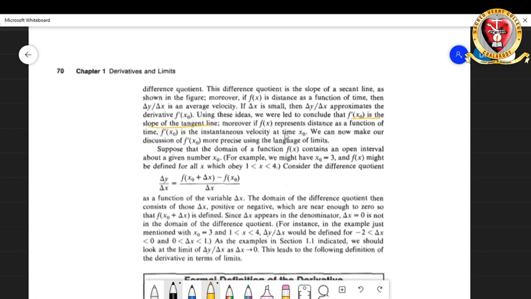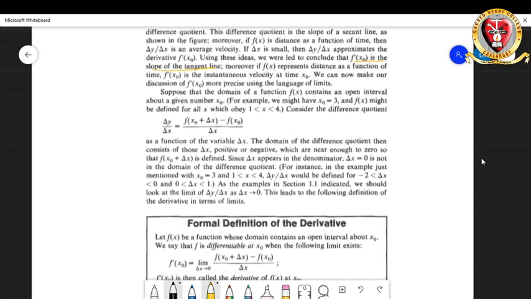And as we said earlier, if f of x is representing a distance function with respect to unit time, then f dash of x naught will be the instantaneous velocity at the time x naught. And here you can see the difference quotient definition, which we had already dealt with.